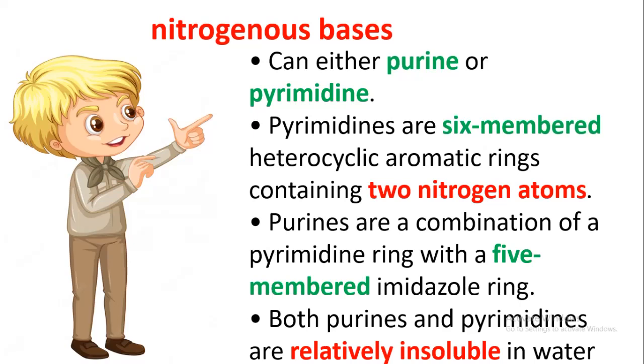Anyone? We are saying that both purines and pyrimidines, which are nitrogenous bases, are relatively insoluble in water. That means they are hydrophobic in nature. The question is, when the pH is increased, what happens to their solubility?